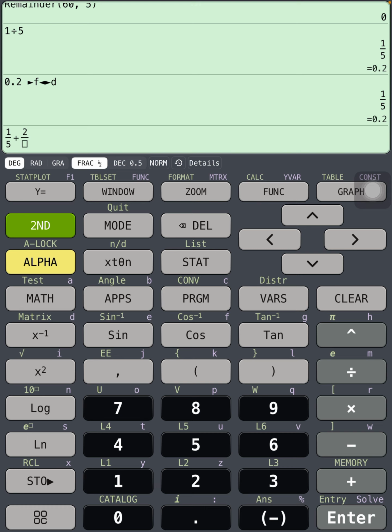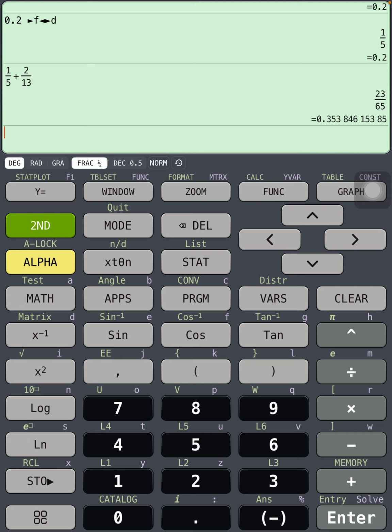And for some fractions, that's helpful. Like if we don't want to think about the least common multiples of 5 and 13, or larger numbers, more prime numbers, more awkward numbers like 17 and 19 and things like that, then this is a good option.